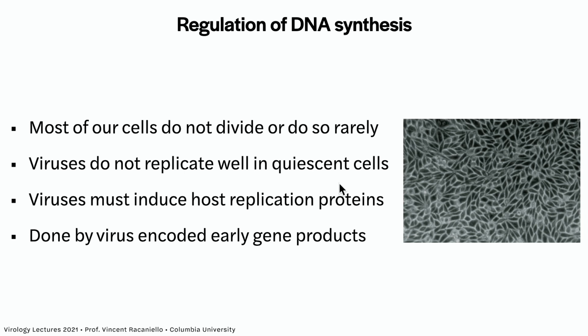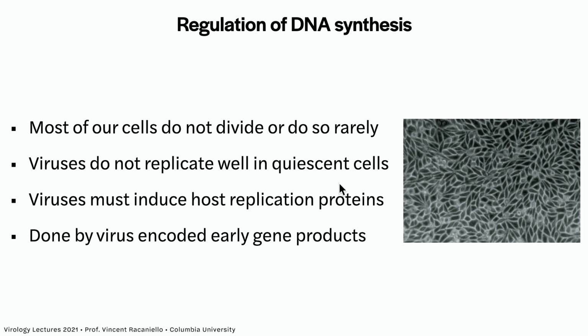Of course, the extreme are your neurons, which don't divide, and then the other extreme are your gastrointestinal epithelia, which turn over every 7 days or so. But in between, most of our cells are not dividing unless you need them to divide. If you are exercising and building up muscle, then your cells have to divide. But if you're sitting studying, you don't need much cell division.